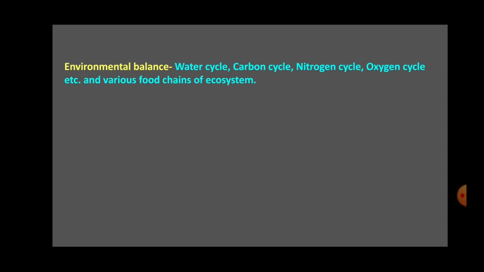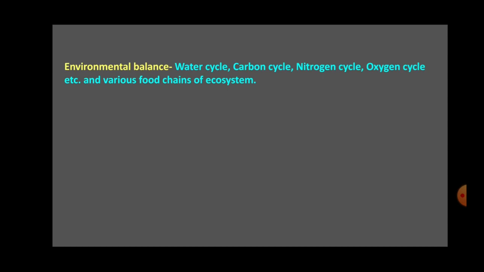The current season right now we are experiencing the rains, which are very much necessary, yes. Then the carbon cycle, nitrogen cycle, oxygen cycle, etc., these gaseous cycles, and also the various food chains of the ecosystems are very essential to maintain the environmental balance.